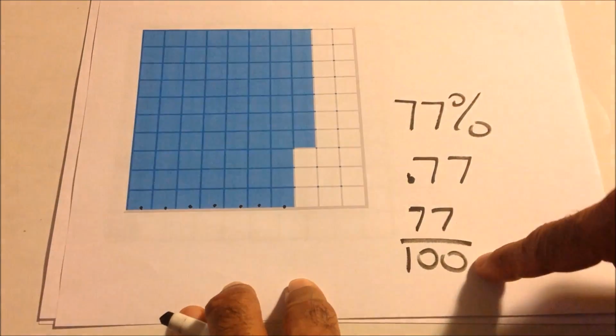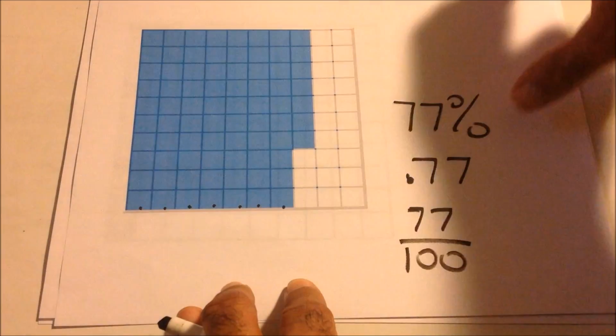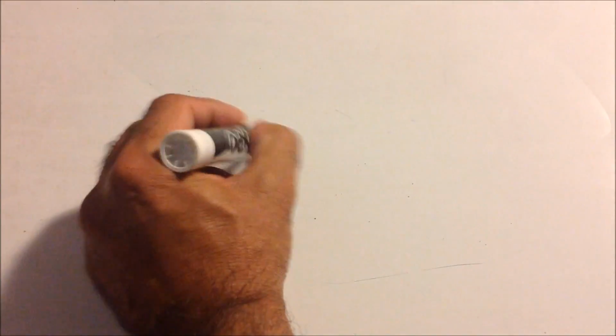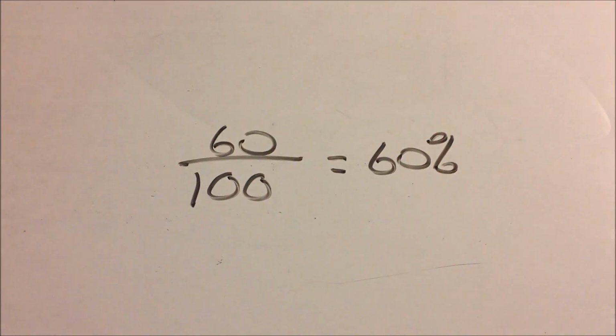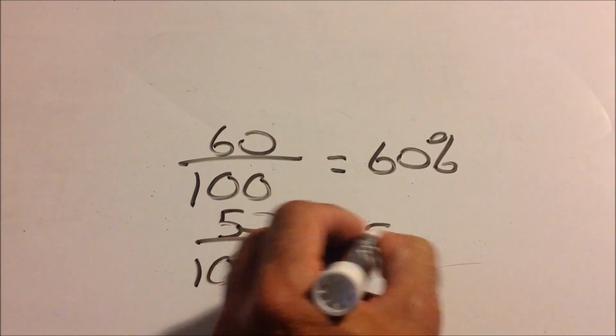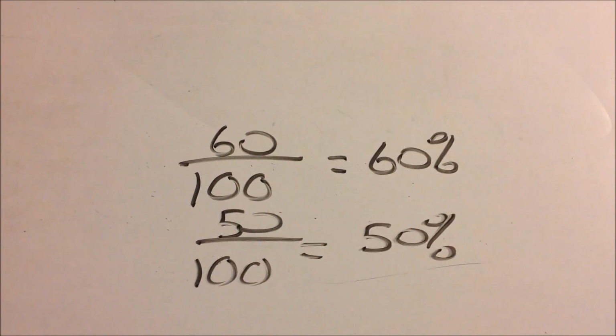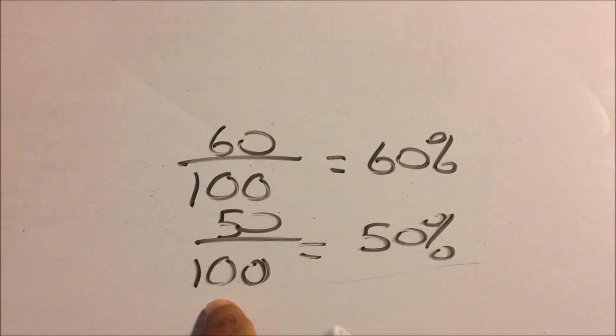That's a key to knowing percents with fractions, because they'll have 100 on the bottom. For example, if I had 60 over 100, that's 60%. If I have 50 over 100, 50%. So anytime you see the denominator has 100, you know the percent sign.